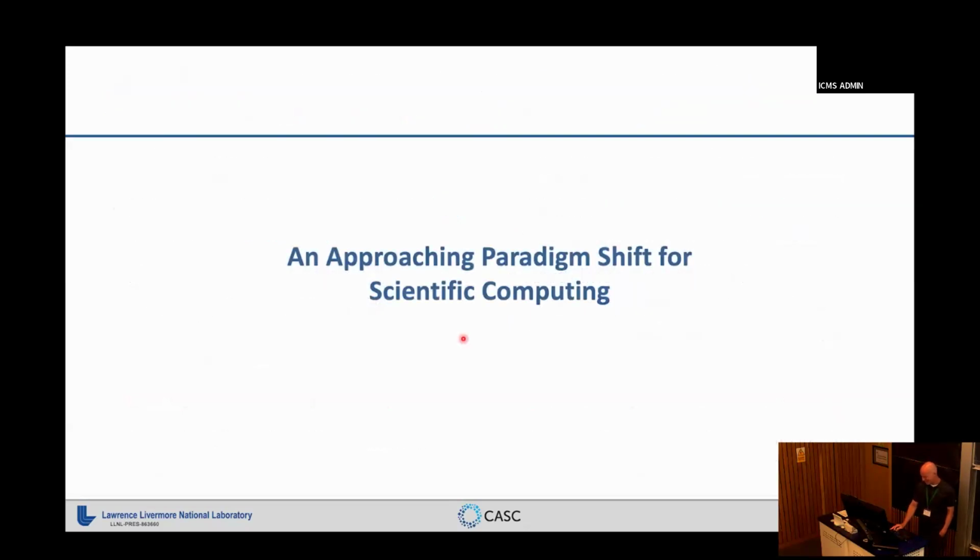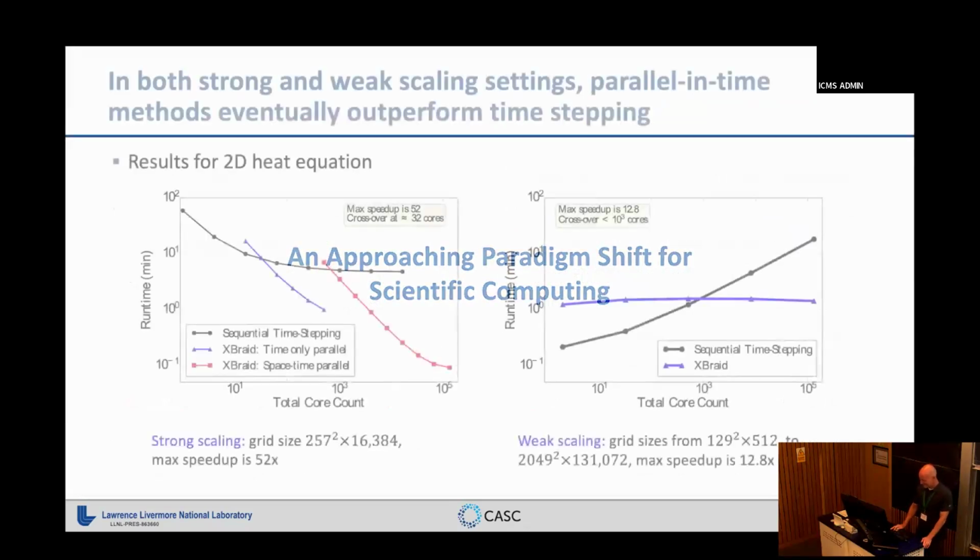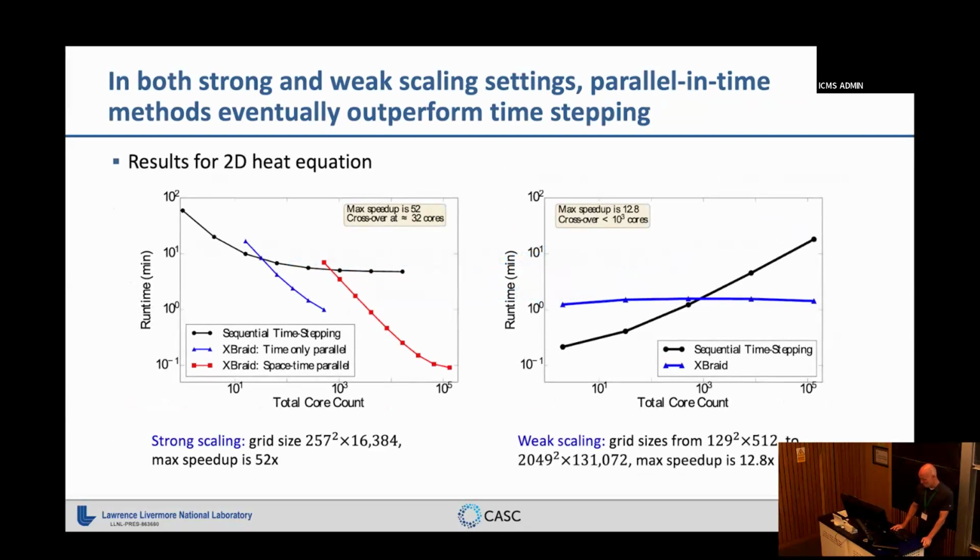Okay, and this last part, I'll just kind of preach to the choir a little bit, but give you my perspective on parallel time. I like to call it an approaching paradigm shift, because I think it is. I think it's inevitable.